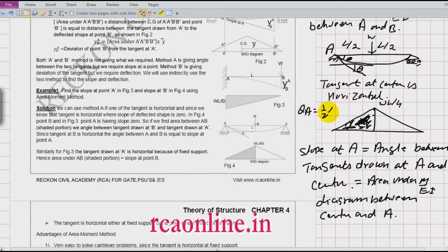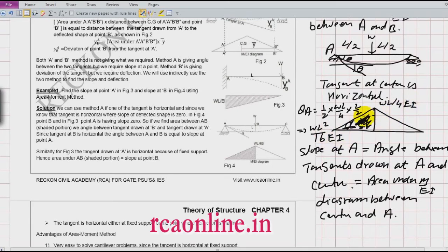What will it be? Half into WL by 4 into L by 2. So how much do you get? W L square by 16. This is the M over EI diagram actually, so it will be WL square over 16 EI.